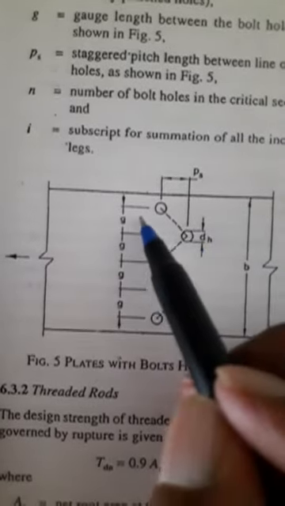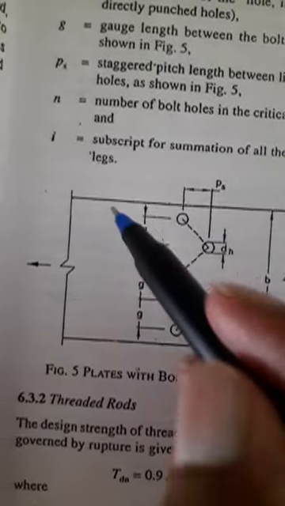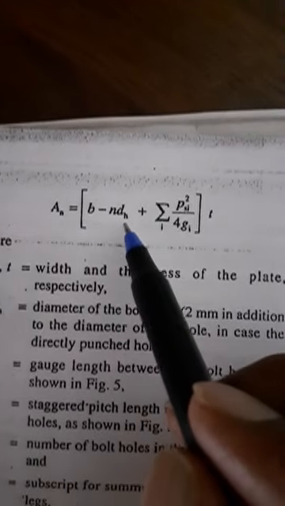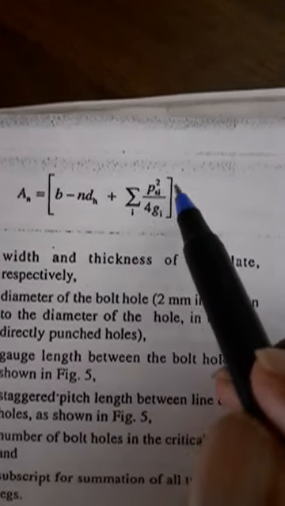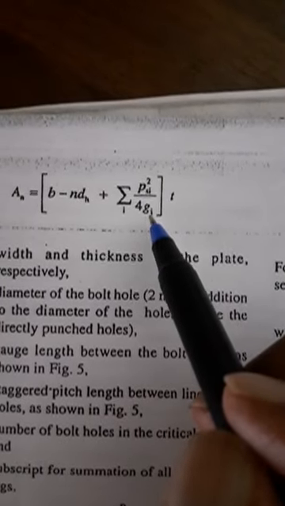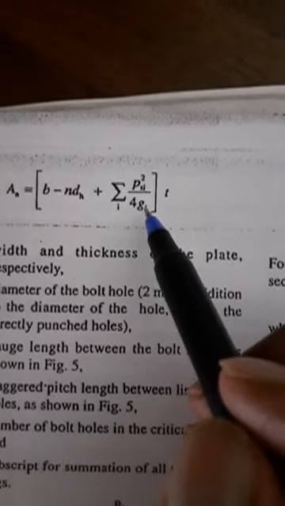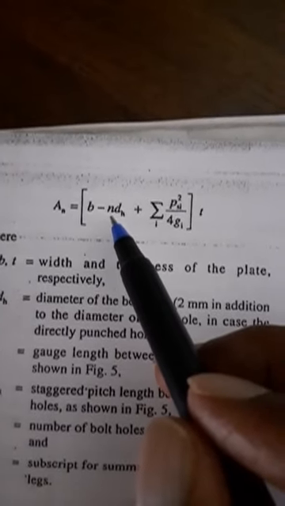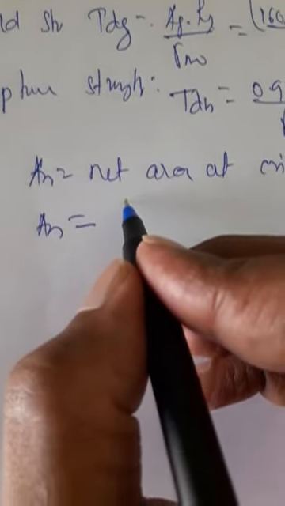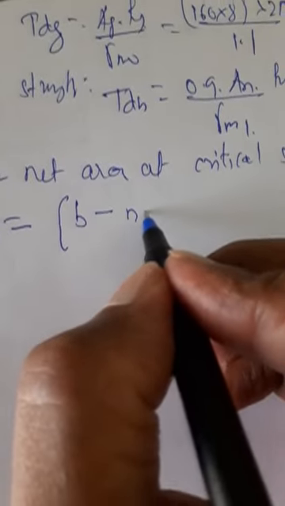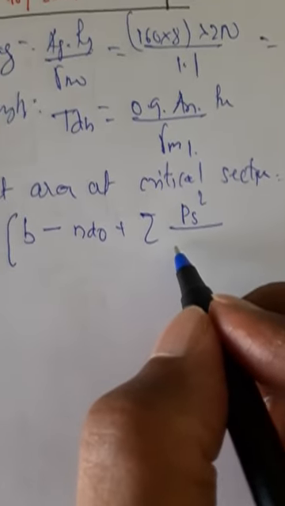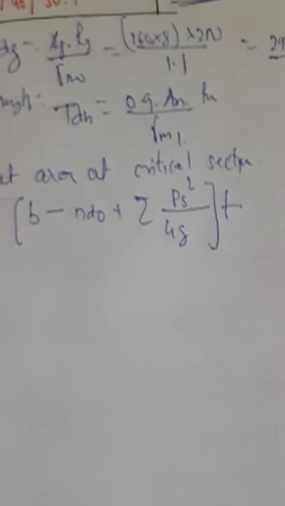This is the gauge distance, this is the pitch or staggered pitch, and overall width B. Its equation is AN is equal to B minus N into D0 plus summation of P square by 4G, into T. Summation means number of slant lines, G is gauge, D0 is bolt hole, N is number of bolts in the considered line, T is the thickness, and B is the width. This is the generalized equation.